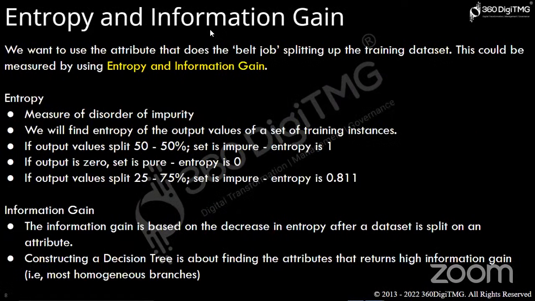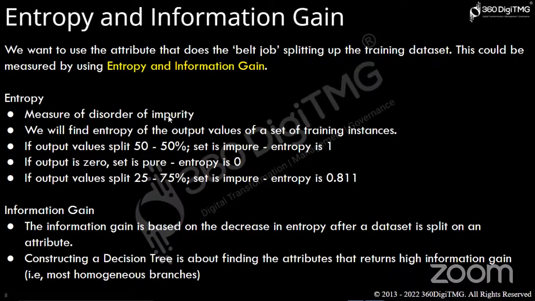As we have discussed earlier, we have entropy and information gain values. Entropy is a measure of disorder or impurity. How much error we have here, that we are going to calculate. We try to find the entropy of the output values of a set of training instances.